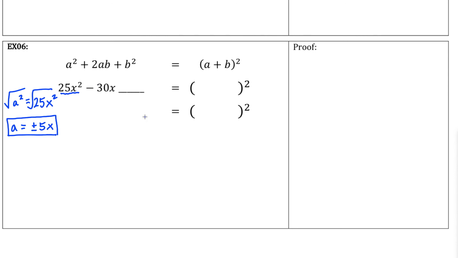Okay, so let's do this real quick before I move on. And then we'll say that 2ab is right here. So 2ab is negative 30x. And we said that we'll use a is 5x.